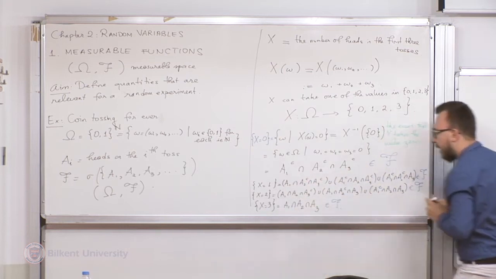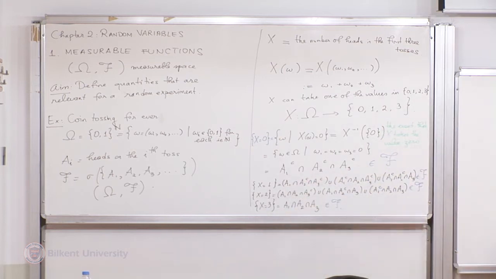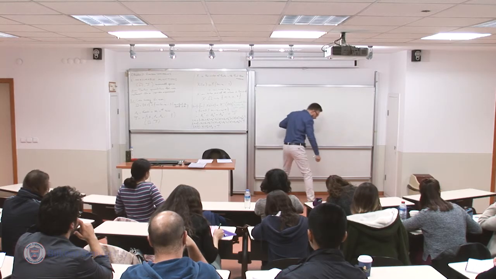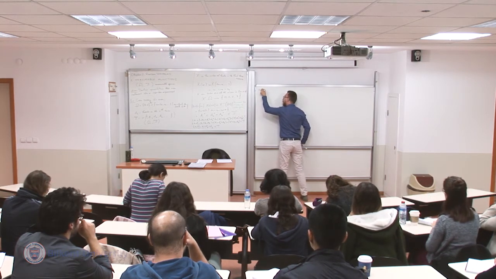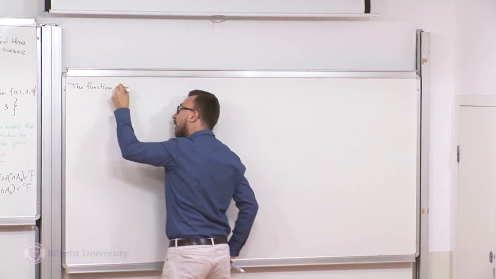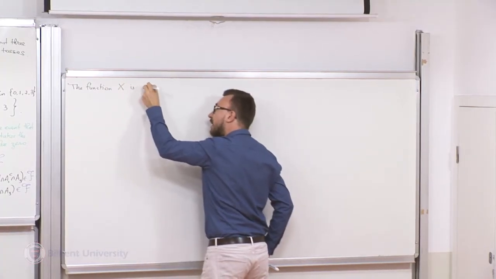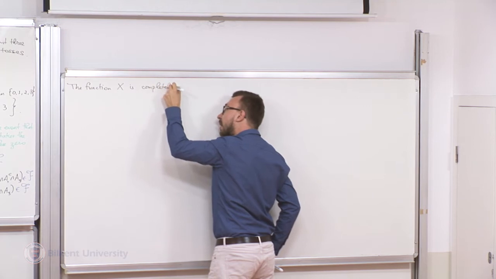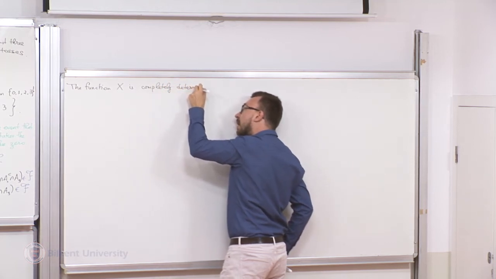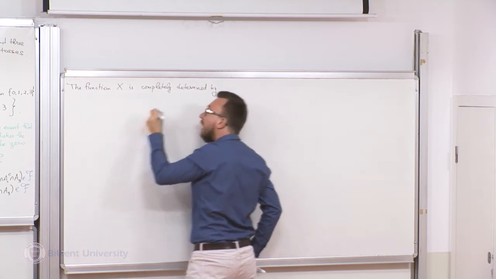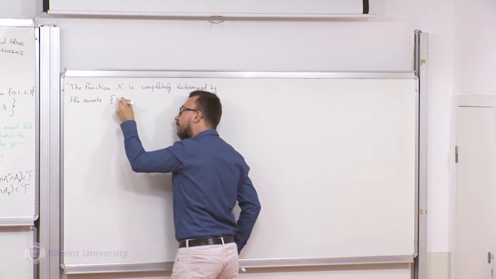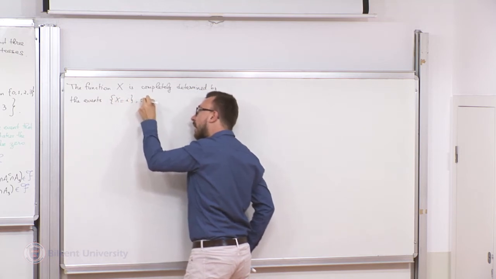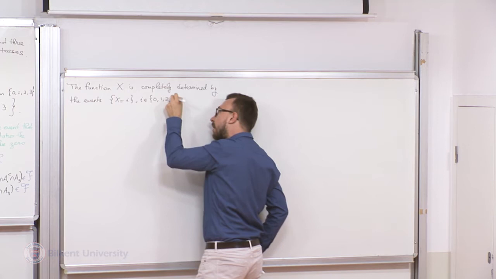So this is the event that X takes the value 2, etc., etc. So if you look at X, the function X is completely determined by the events X equals i, where i is 0, 1, 2, or 3.